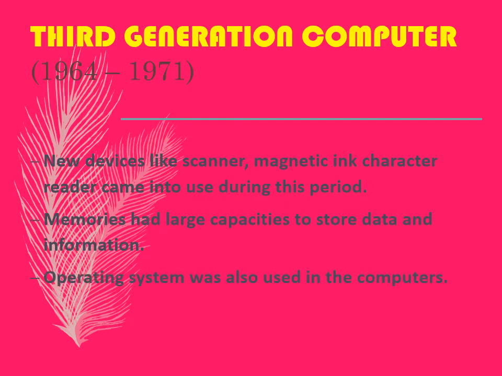The most important feature was, during this period, operating system was used in the computers. Right now we are using operating systems in our computers, but during the period 1964 to 1971, operating system came into use for the first time.